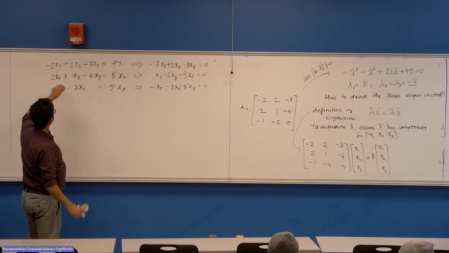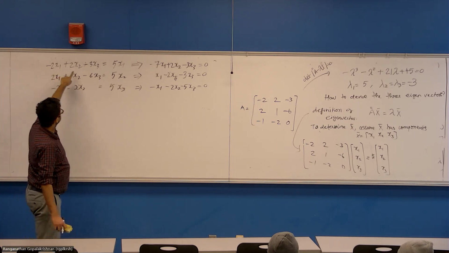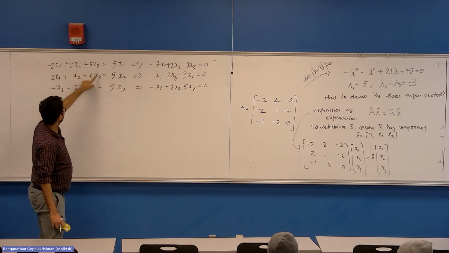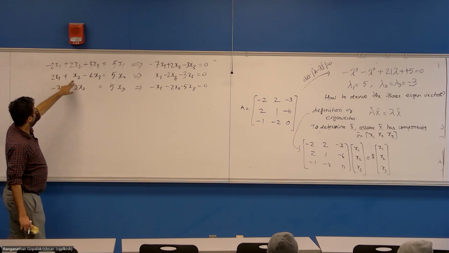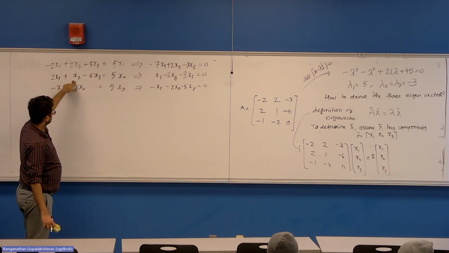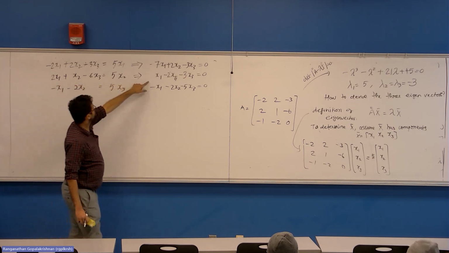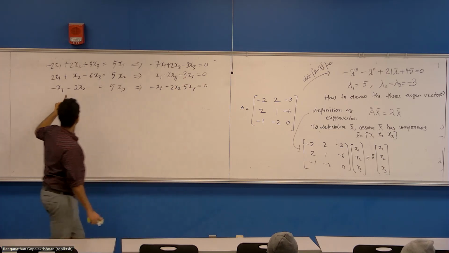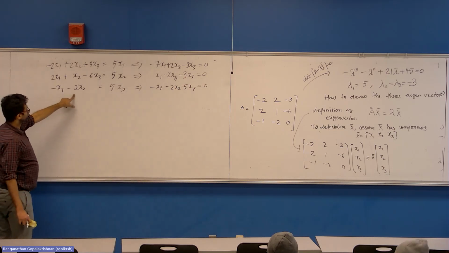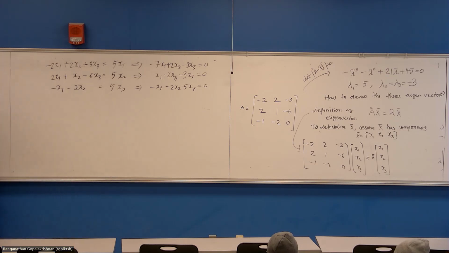So when I simplify this, minus 2 minus 5 plus 2 minus 3, 2x1 minus 4x2 minus 6x3, which simplifies further as x1 minus 2x2 minus 3x3 equal to 0. I have minus x1 minus 2x2 minus 5x3 equal to 0. All right.